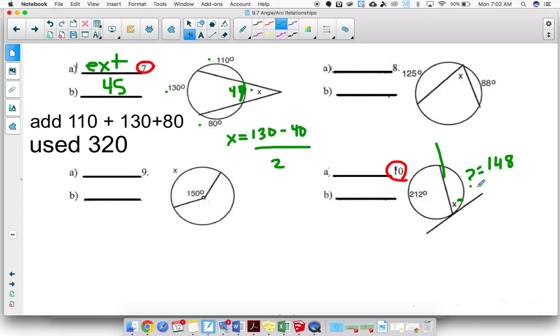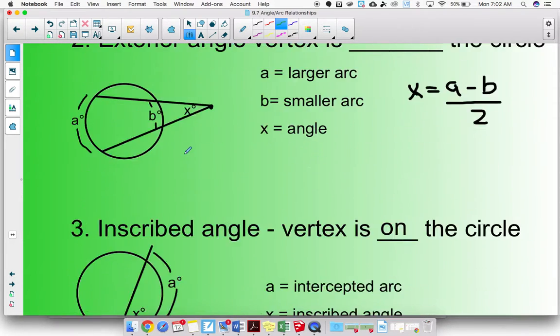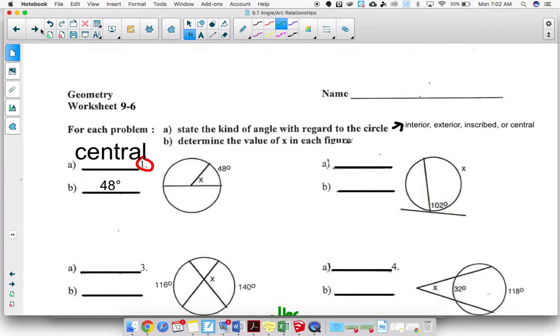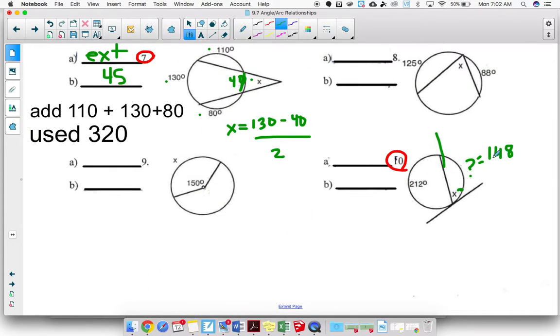Now that I know the arc, the angle is going to be half as large. Like if this is 100, we get 50 on the angle. It's always going to be half when you're moving in. So 148 divided by 2, x is going to be 74, and this is an inscribed angle.